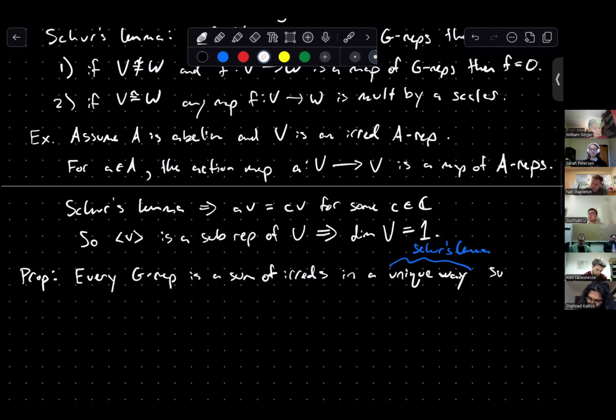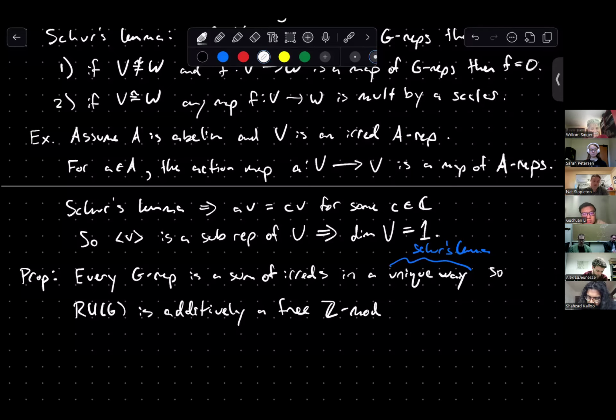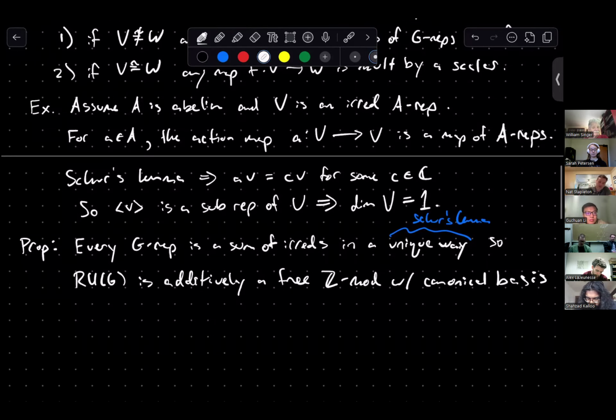And what does that mean? That means a lot for the representation ring. RU of G is additively a free Z module, or a free abelian group, with a canonical basis given by the set of isomorphism classes of irreducible G reps.